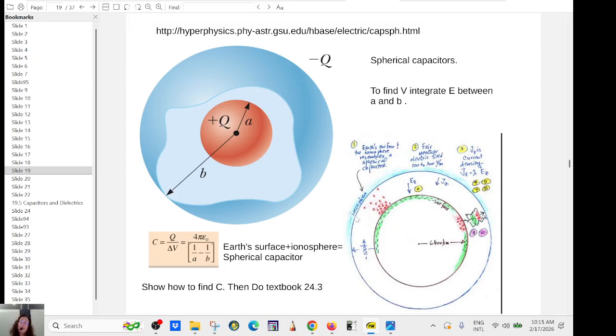Because here you have the ionosphere, and so you kind of have charges. Let's say you have positive charges here and negative charges there. So you have an electric field in between, and you can have a discharge happening if the electric field is larger than 3 million Newton per Coulomb.